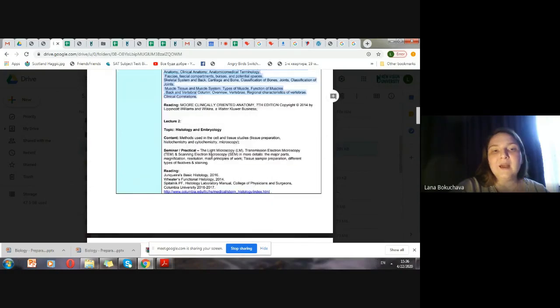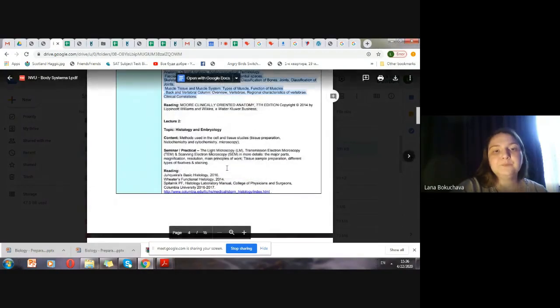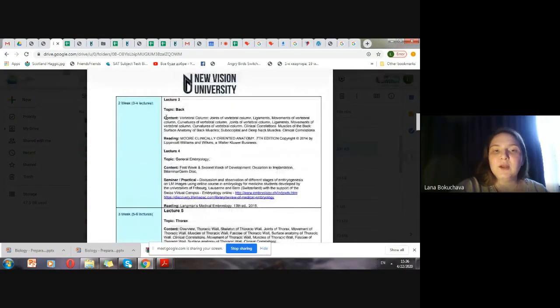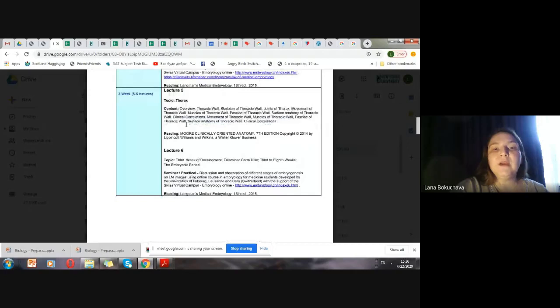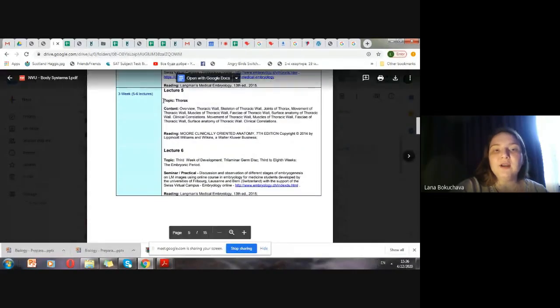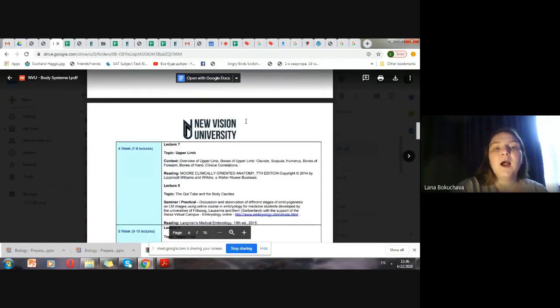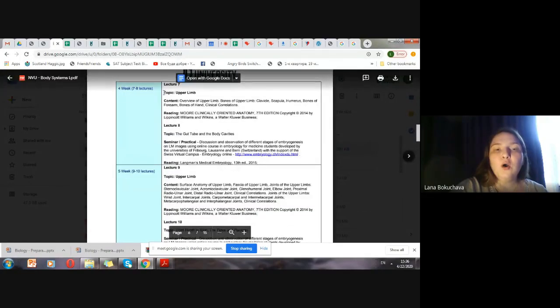The next one, I need everything about the back, week 2. Week 3 is the thorax, everything. I need week 4 with the upper limb.